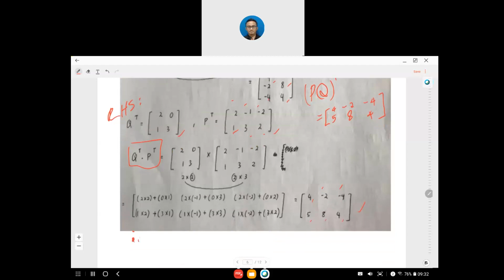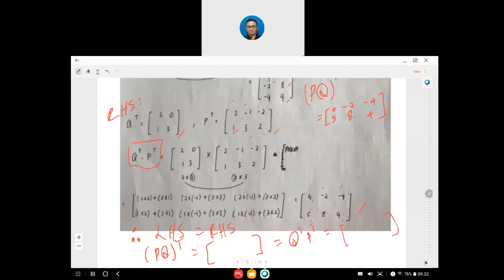Okay? Therefore, left hand side equal to right hand side. So you tunjuklah what is your left hand side. Left hand side PQ transpose equal to matrix, equal to Q transpose P transpose equal to dia matrix.